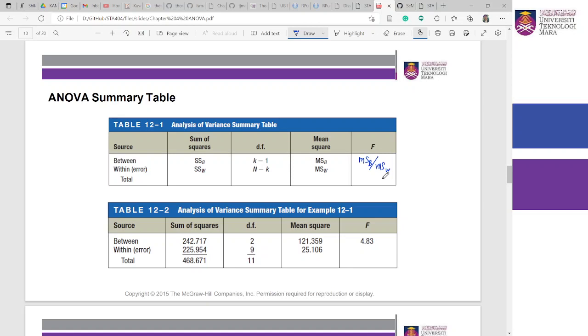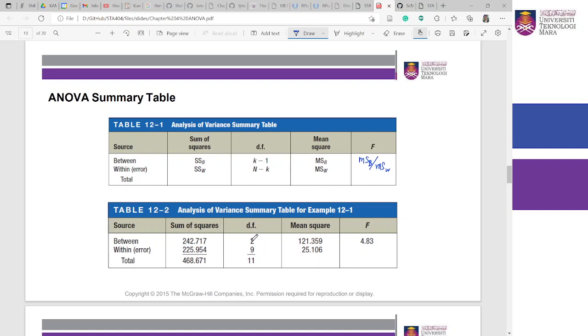For the previous example, you found that the sum of squares for between is 242.717 and the degrees of freedom is 2, and you take the ratio between the sum of squares and the degrees of freedom, then you get the mean square. Similarly, for within, the error, you find the sum of squares and then divide by the degrees of freedom, you get the mean square. Okay, so in this case, the total is simply the sum of these two.